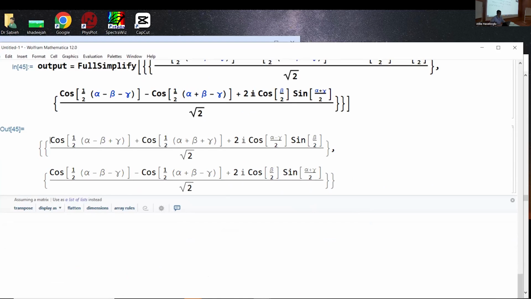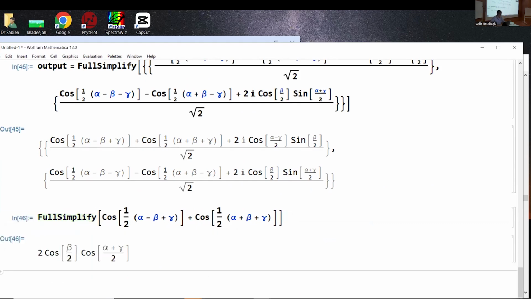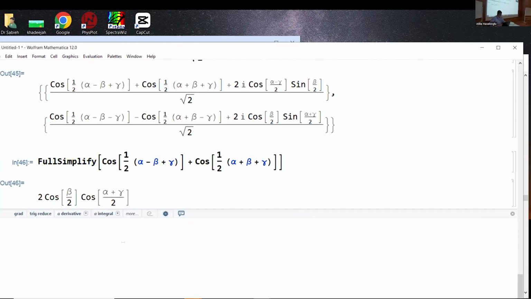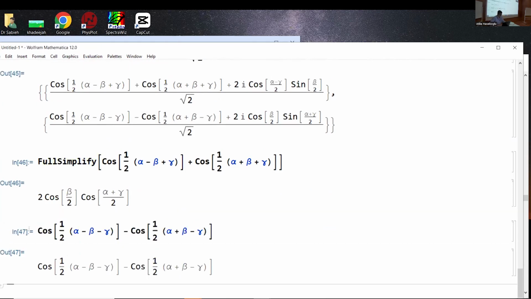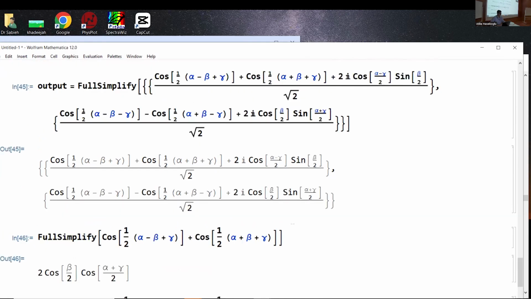Well, these terms I think can be simplified. So this is this thing, and this thing is really, so this is the output.